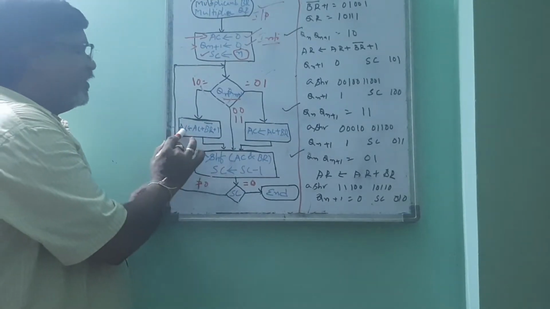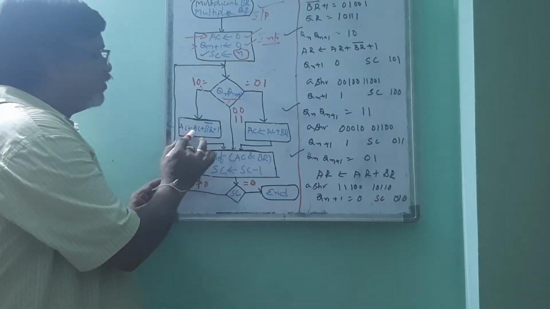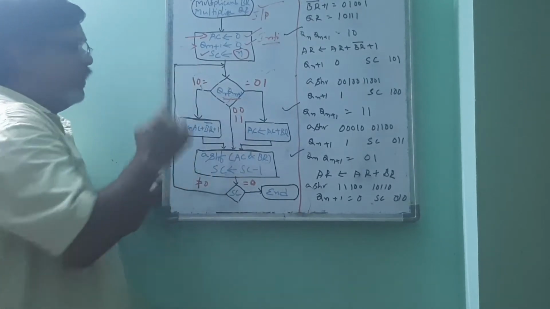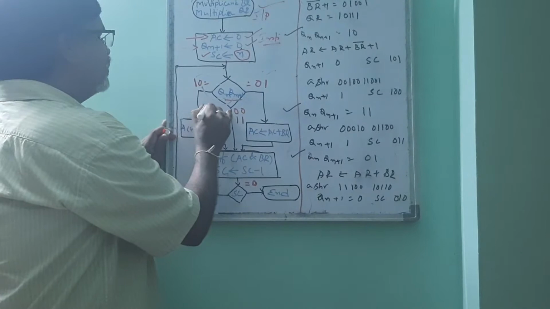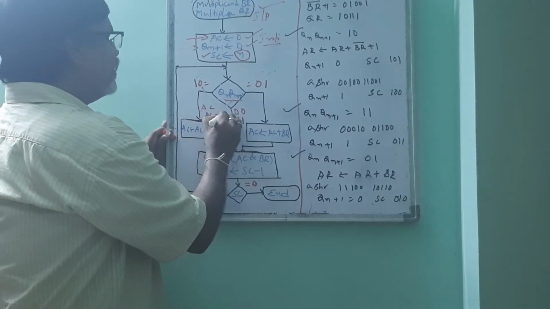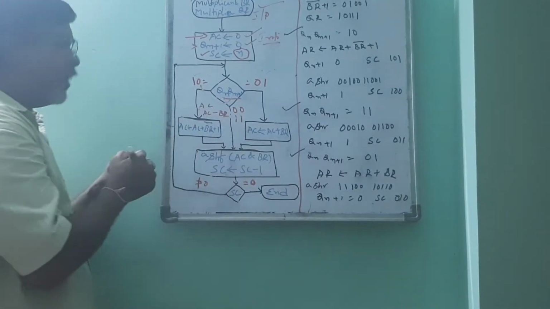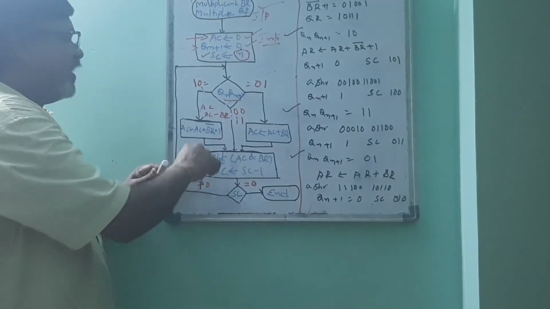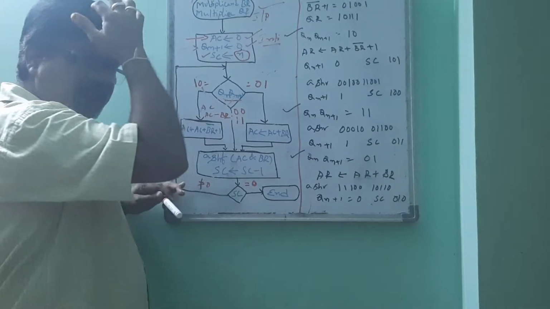So this is nothing but AC = AC + BR bar + 1, which means AC = AC - BR. So it is subtraction, but no subtraction operation is executed. Addition will be performed by taking the 2's complement of BR.